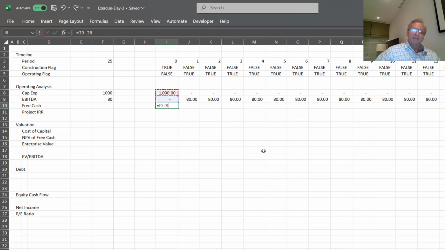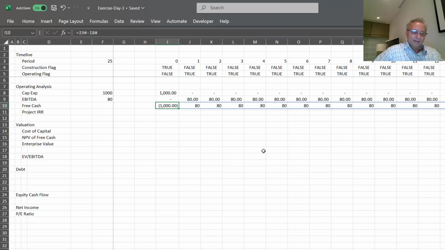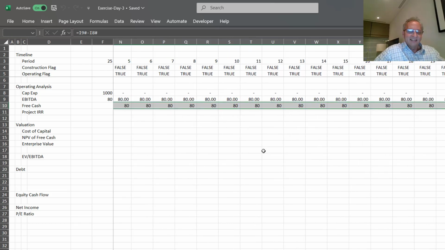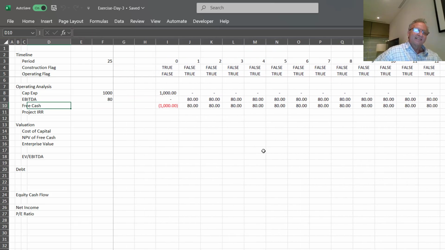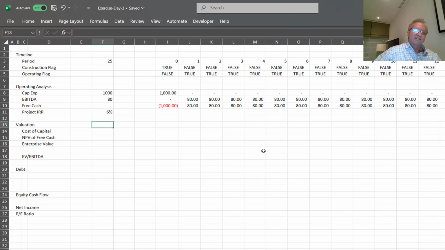I think I've got to put a hash here, minus this as a hash, to get it to go all the way across. Okay. Shoot. I can't get the formatting right. Maybe there's a little trick to formatting, and then we put IRR and we click on that one and put our hash. Okay, so that's how we could get started.